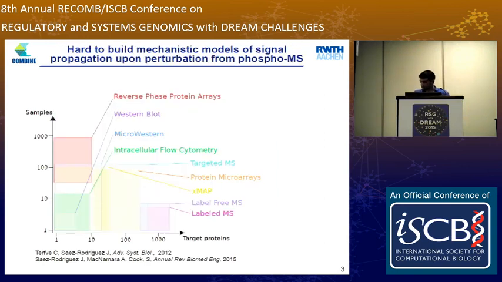Due to this complexity and these challenges, it's really hard to build dynamic models of the signaling mechanisms, and in particular of how a cell responds to stimulation or perturbation at the signaling level.